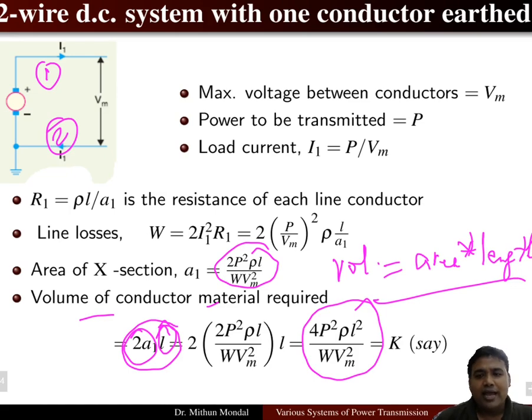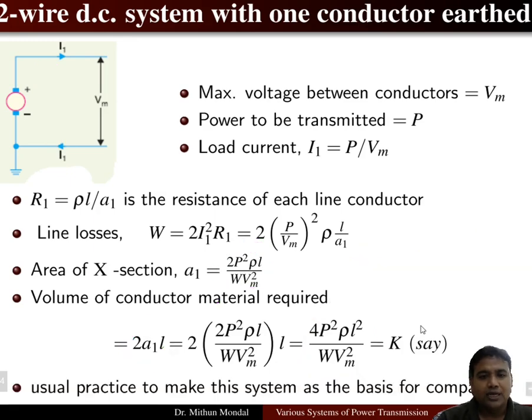Correct? And you assume that value to be capital K. It is usual practice to make this system the basis for comparison with the other systems. So whatever systems we are going to discuss, this system will be the basis of the comparison.